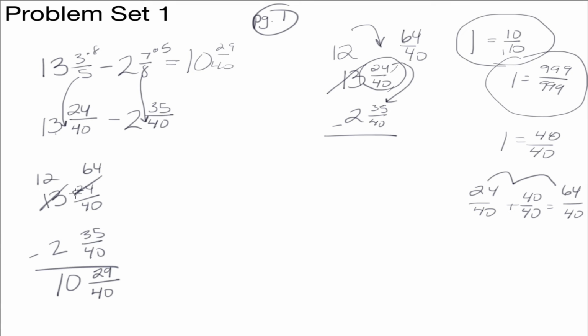Now, quickly, did you see that we wound up with 64 over 40? I want you to understand that we could have just done this. I explained to you how and why you do this particular thing. But remember, we had 24 over 40, and we had this number 13.